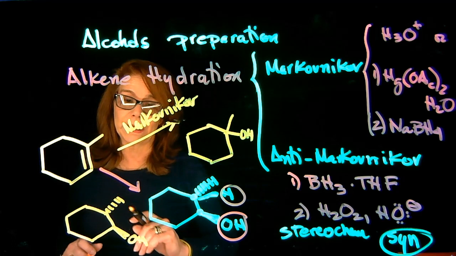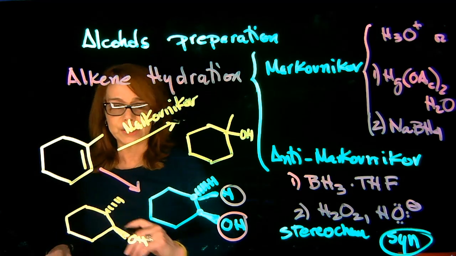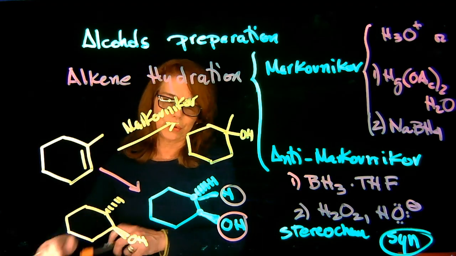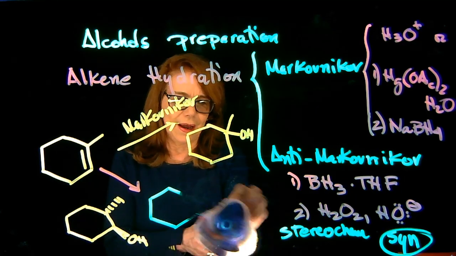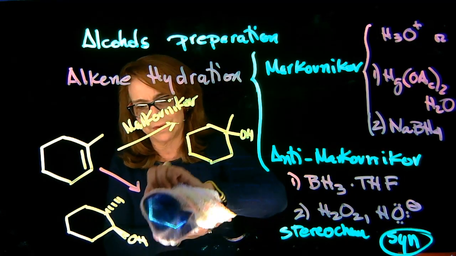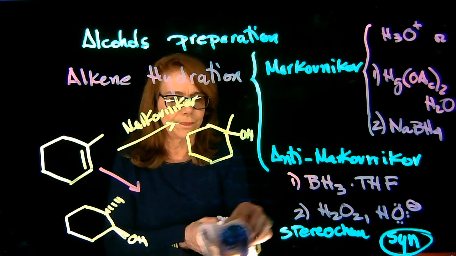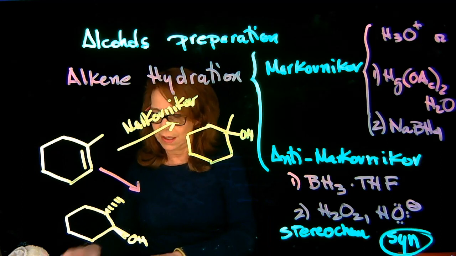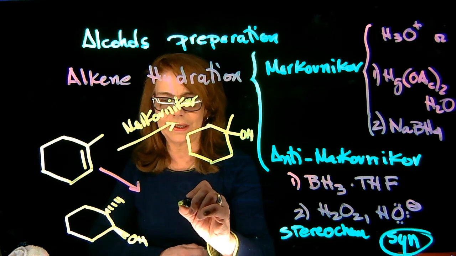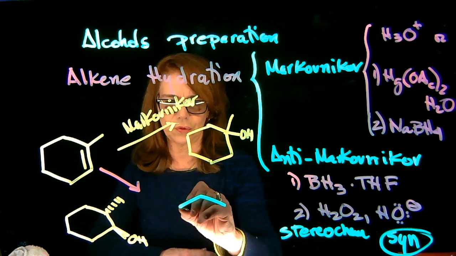Also, you're forming the other possibility, and now I'm going to erase this to make room. You can have the enantiomer of that molecule. Again, paying attention to the stereochemistry, the other molecule is also anti-Markovnikov.